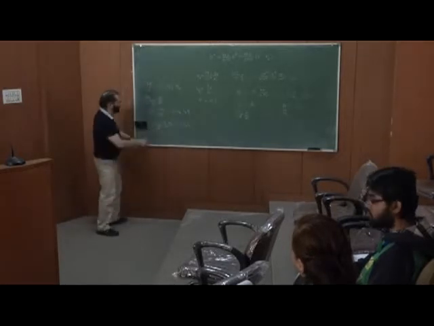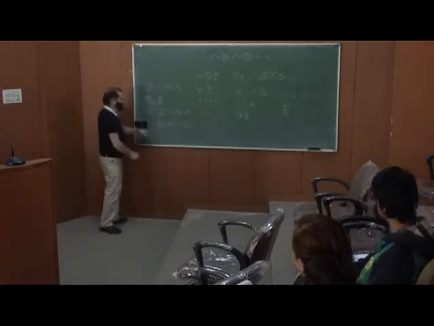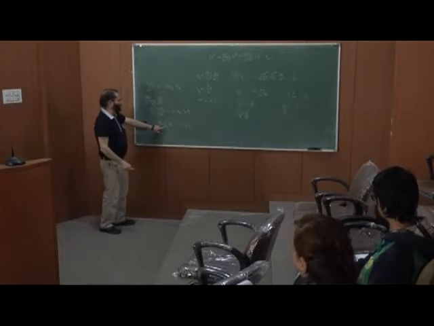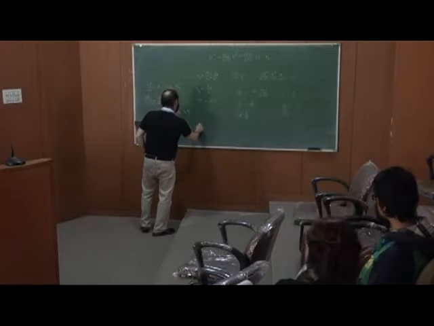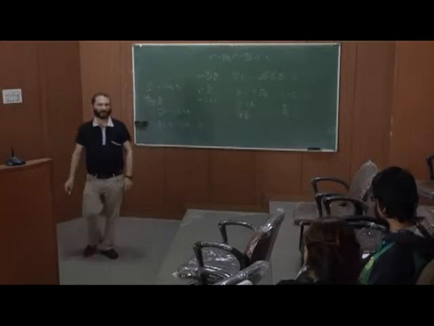And here the c cancels, but we know that this is our dimensionless time, so this is equal to d mu q by d tau. And then this is the dimensionless equation.